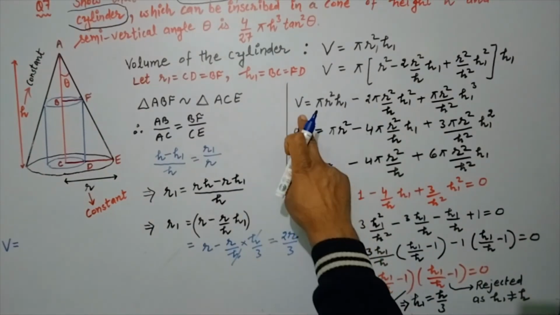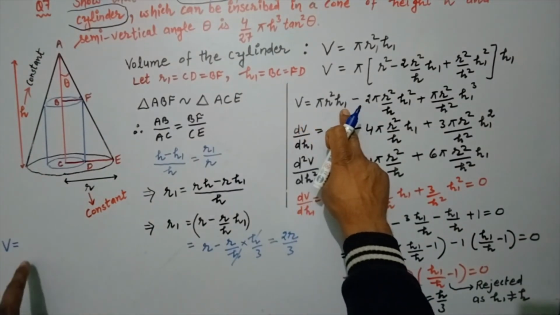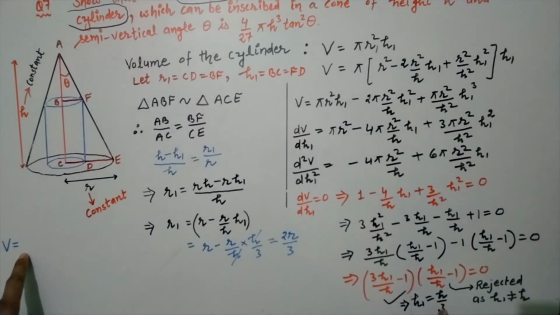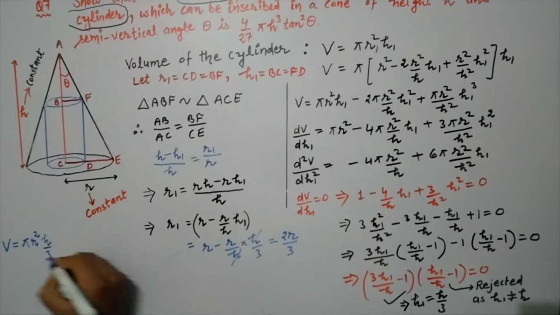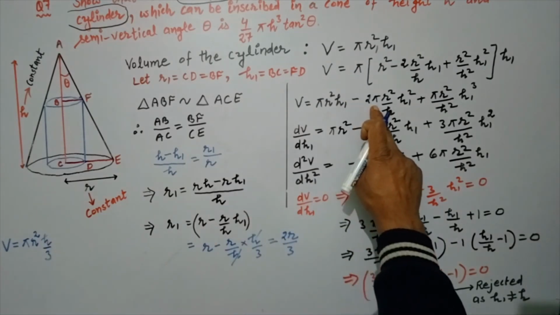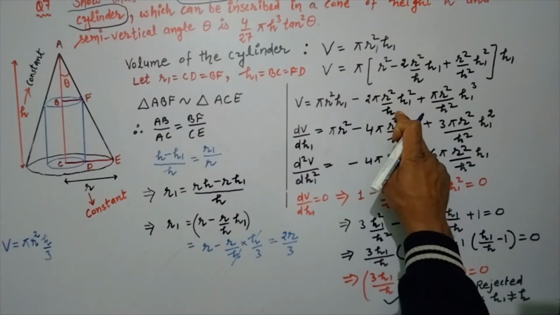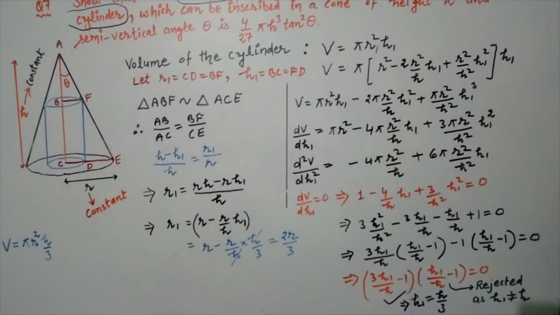Now what is the volume? This is the volume. We put the value of H1 here. V is equal to pi R square H1, the H1 value is H upon 3. So this becomes pi R square H divided by 3.